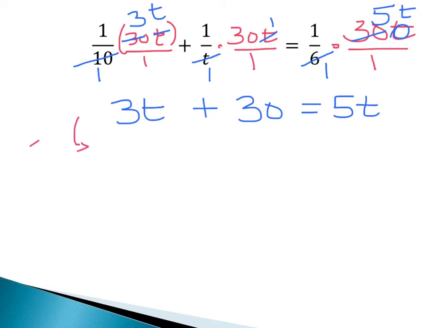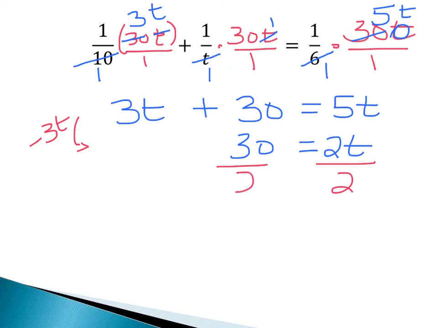Let's go ahead and subtract 3T from both sides. When you do that, we get 30 on the left, and on the right, we get 2T. Let's now divide both sides by that 2. We want to do the opposite of 2 times T. We want to divide by 2 to get rid of that 2. 2 divides 2 one time and divides 30 15 times.